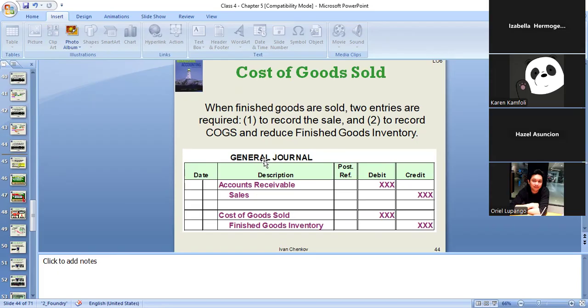So that's why at the point of sales, you have two journal entries. One is to show the sales and the cash or accounts receivable that you have to get. And the second one is to reduce the inventory or finished goods in this case, and to show how much is the cost of the product that you just sold.